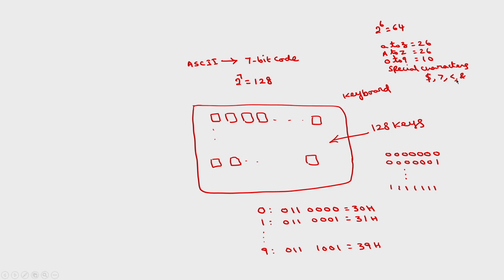So if I use only a 6-bit internal code, we can have only 64 different keys. These 3 together make 62, so we can have only 2 special characters.